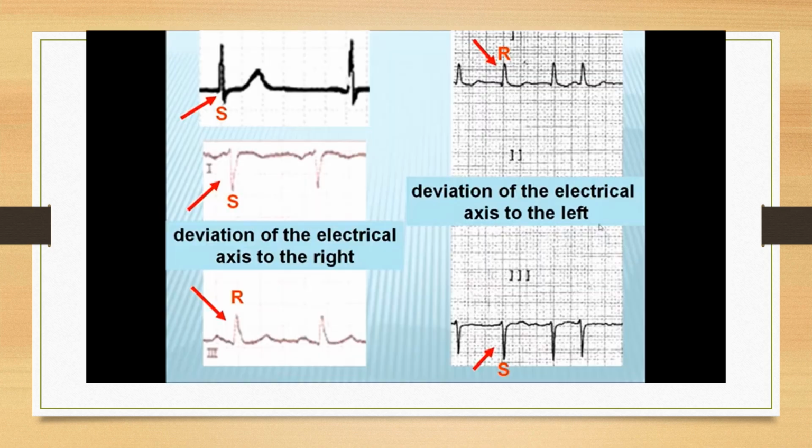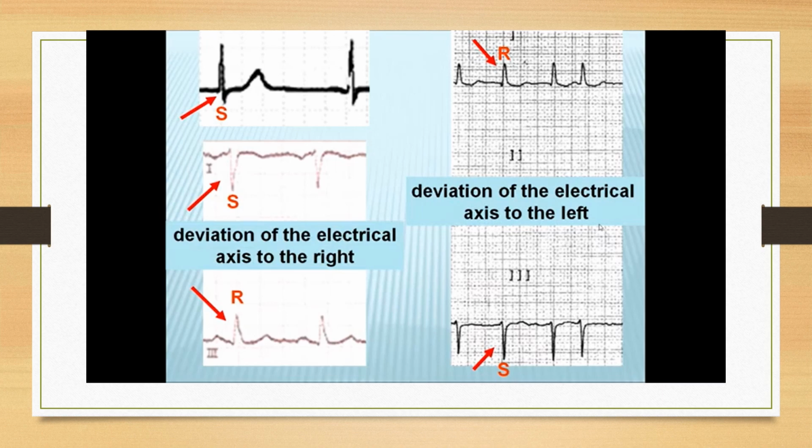On ECG, when we see a deep S wave in the first standard lead, we can say the electrical axis deviates to the right, and a deep S1 wave in the first standard lead is associated with high amplitude of the R wave in the third standard lead.